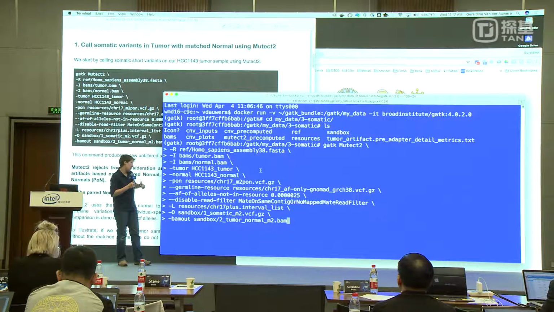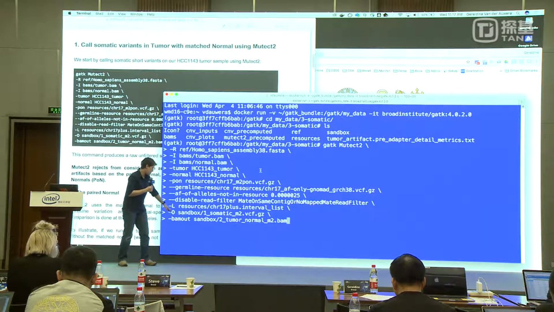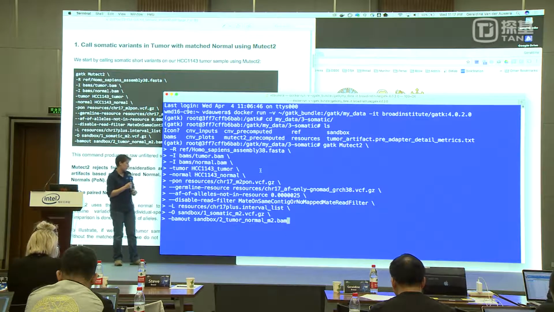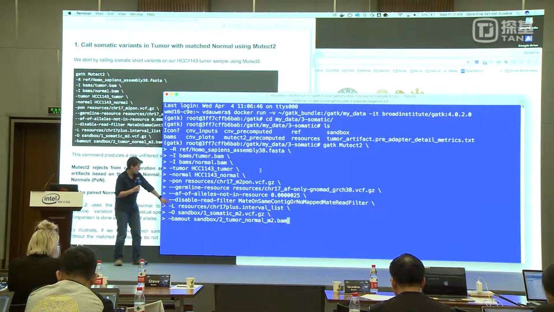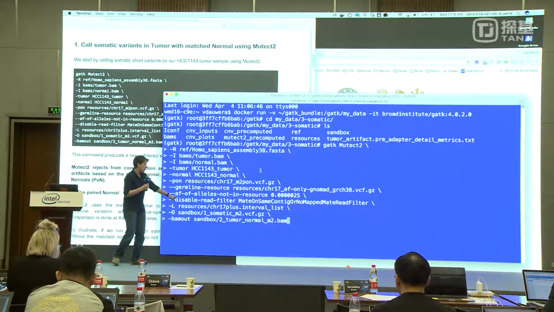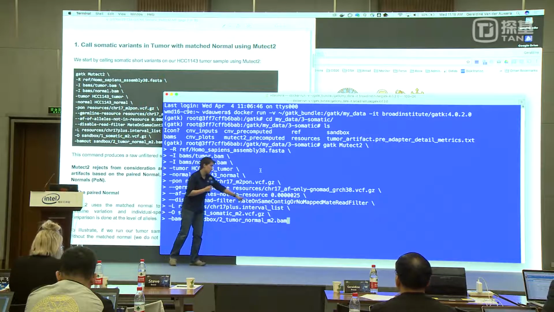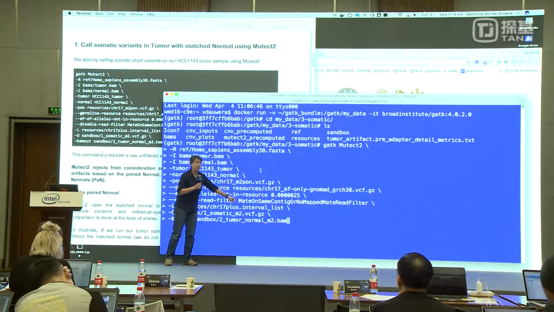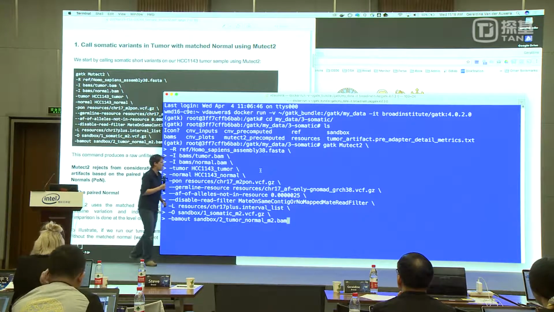And the other common things, the outputs, of course, is something you have to provide. The 3 other arguments are things that we're only providing that are not part of the default pipeline. The disable read filter here, coming from the same config, blah, blah, blah. We'll talk about that a little bit later this morning.